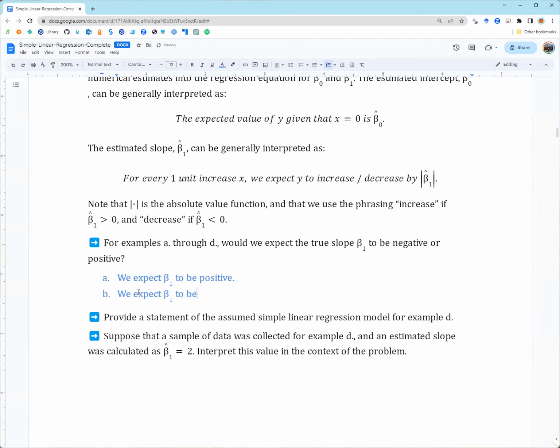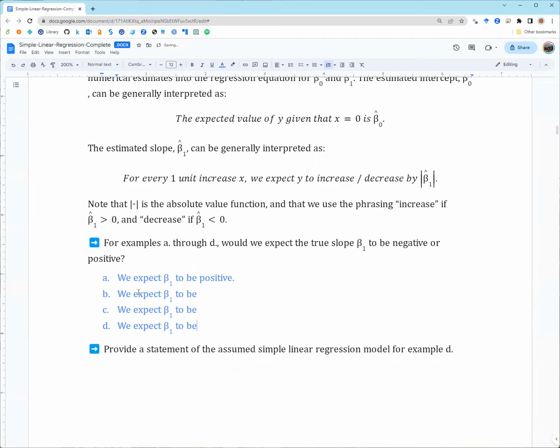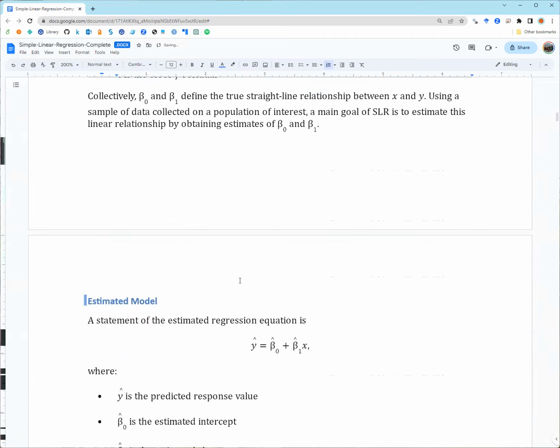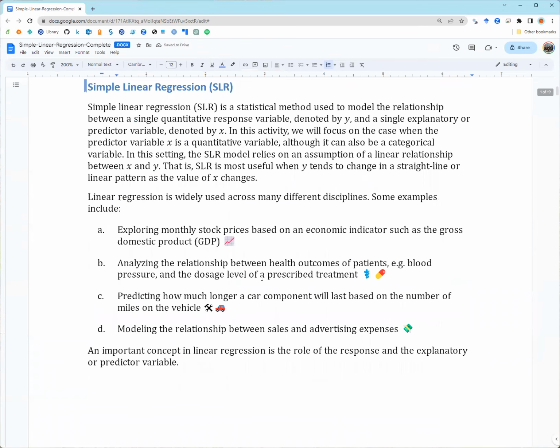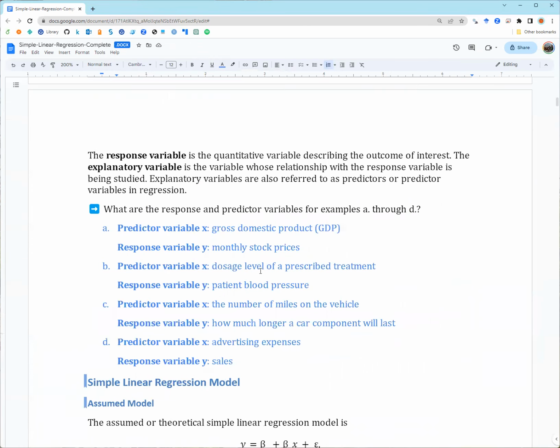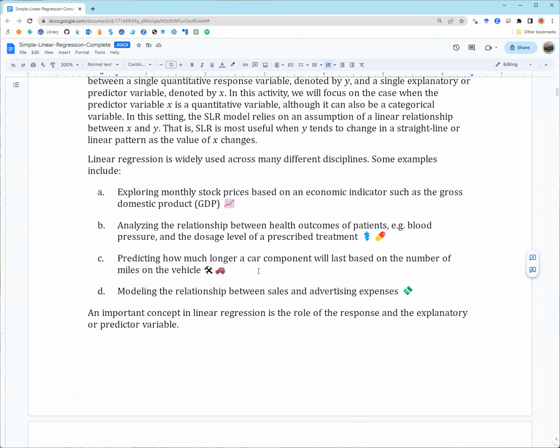And then let's see for the other settings. Okay. So for the second scenario, we have blood pressure and dosage level. Very likely, this is referring to a setting in which we want to lower people's blood pressure.